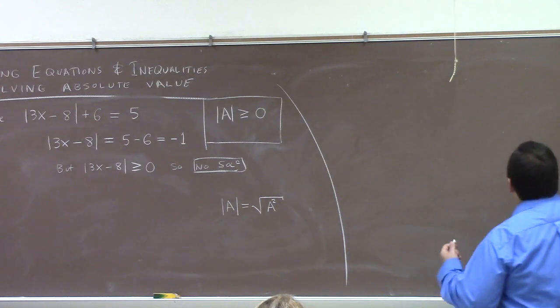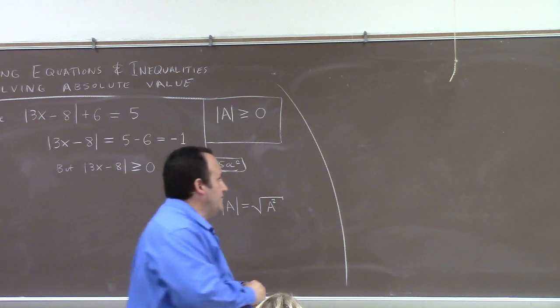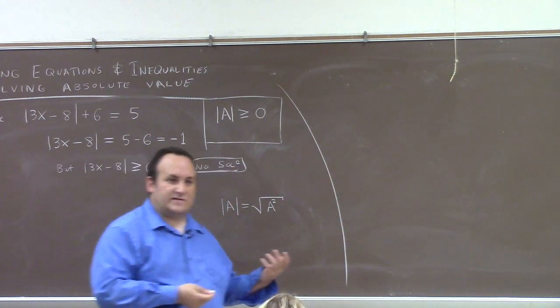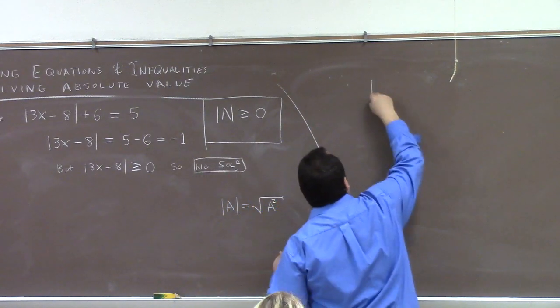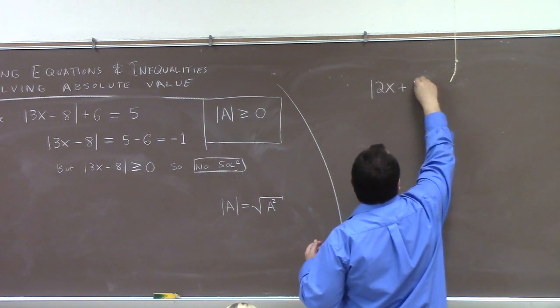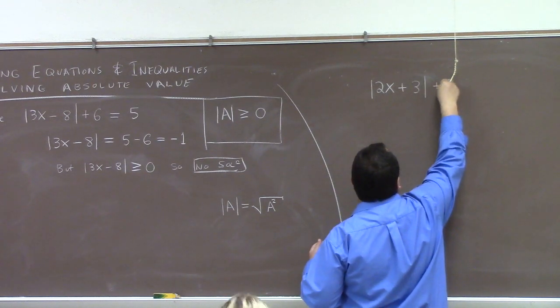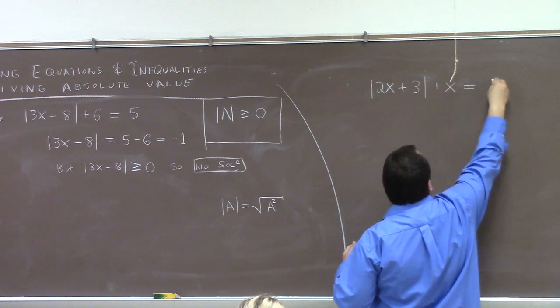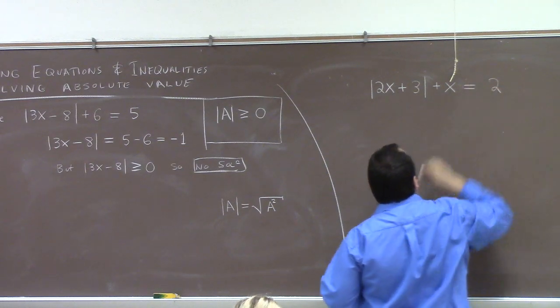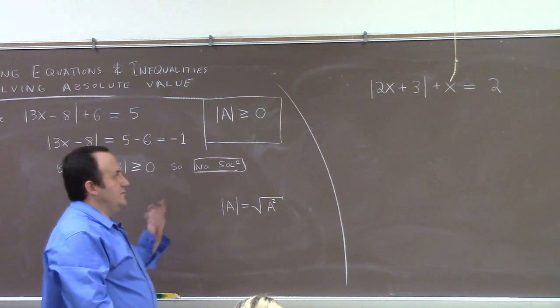Let me look at another one. I don't know if you have any homework like this, but I think it might be interesting to try to solve. Let's solve the absolute value of 2x plus 3, plus x, equals 2. How do we solve this equation?